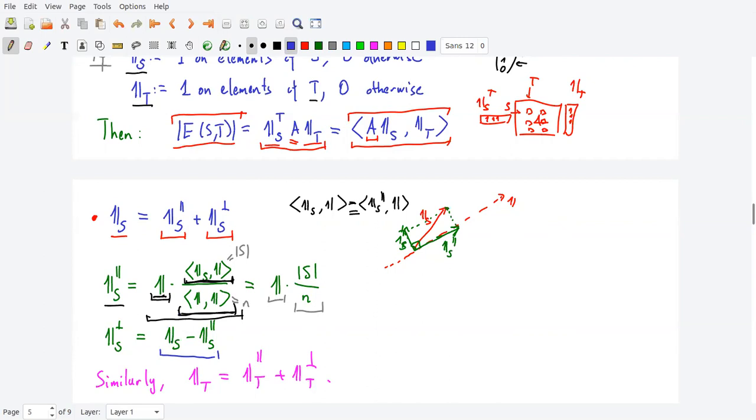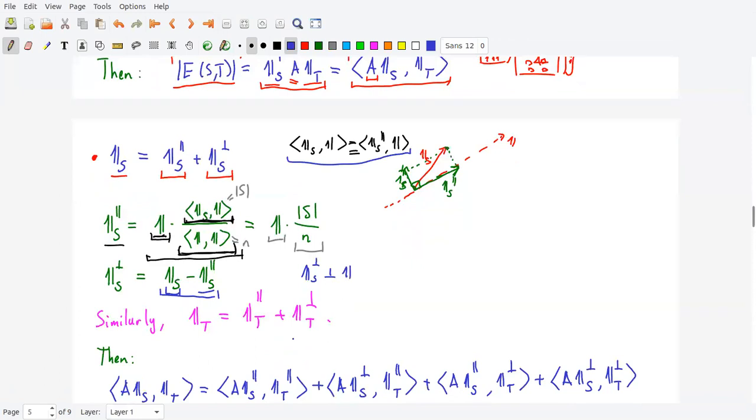It's just the rest. Yeah, so this is 1 on S with the parallel part subtracted. And now from this equality, you can easily see that this vector is orthogonal to the vector of all ones. Good. So now we have decomposed the ones on S into those two orthogonal vectors, and similarly, I can decompose 1 on T into those two orthogonal vectors.